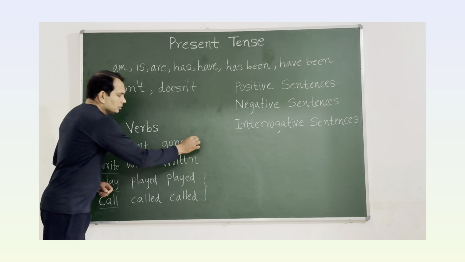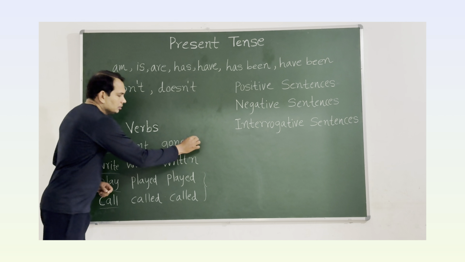Now let's learn how to form sentences using these auxiliaries. As you can see here, go, went, gone. Most of us get confused when we are to use them in sentences. Unless and until we learn which form of the verb should be used, we can't speak effectively.